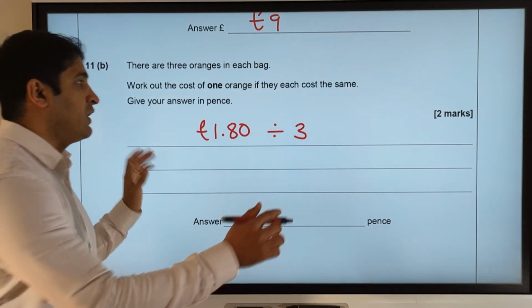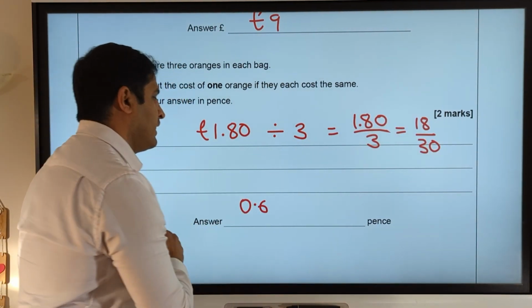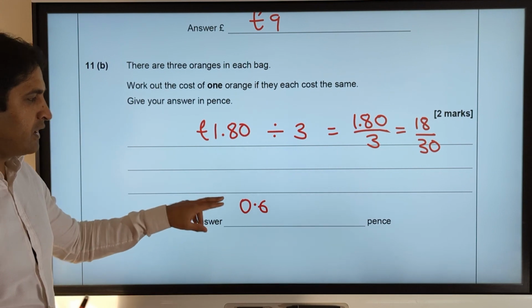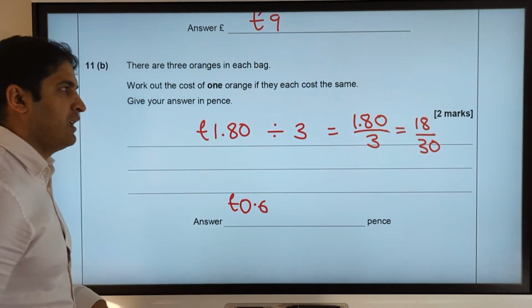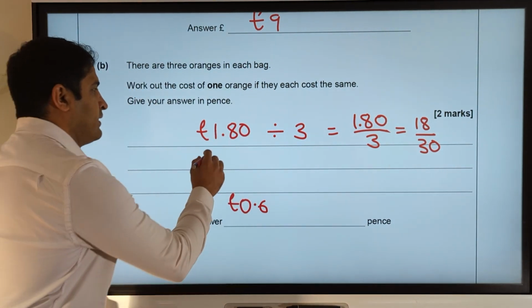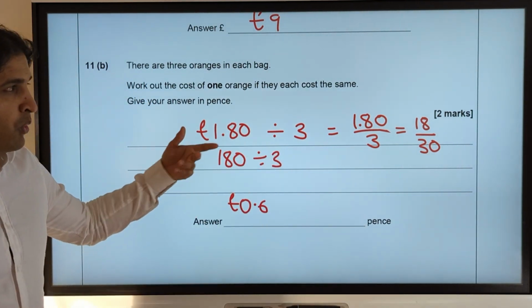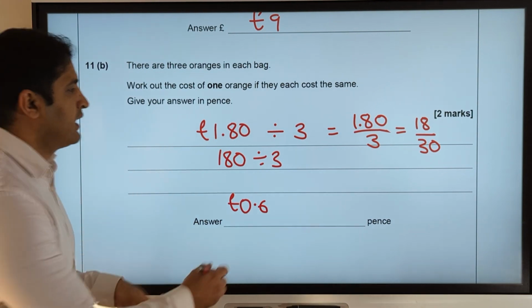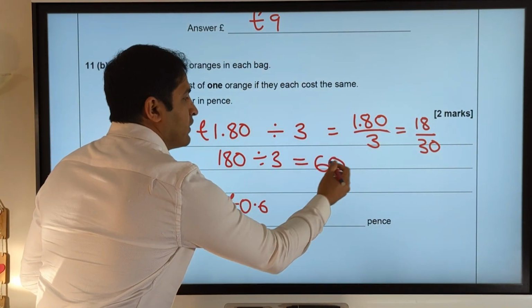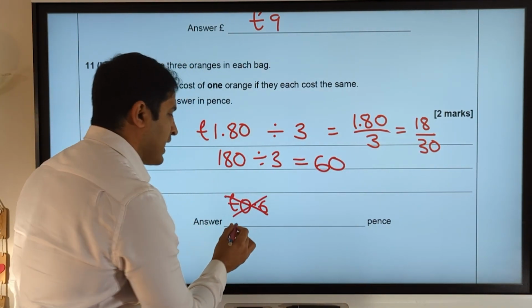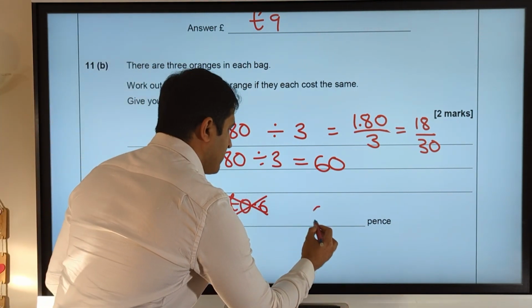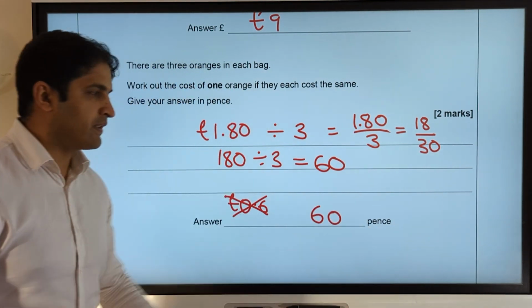Again, you can do it a few different ways. 0.6 each, that's £0.60. If I wanted to change that into pence, I can say 180 pence divided by 3. Now it makes more sense. 180 divided by 3 will give you 60. So that's 60p. I'm not looking for an answer in pounds, I want the answer in pence, so it should be 60 pence.